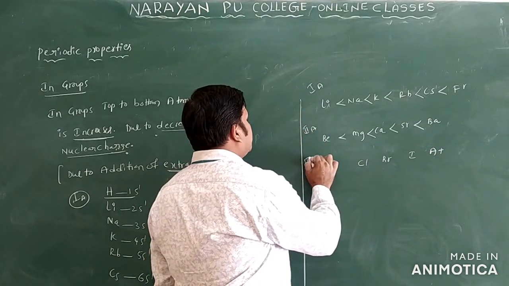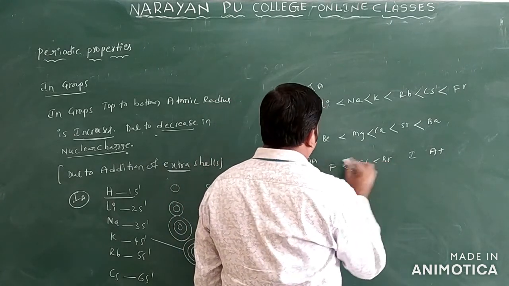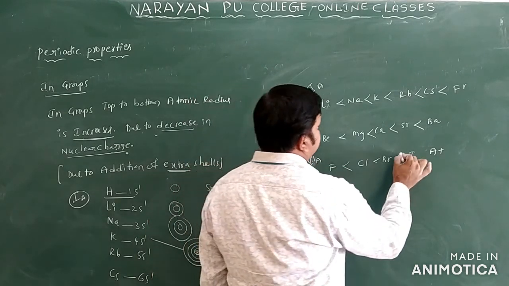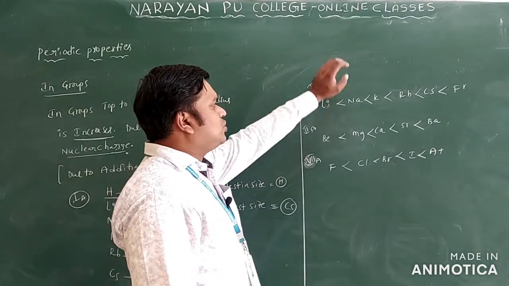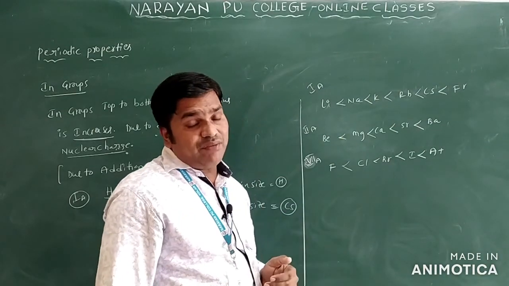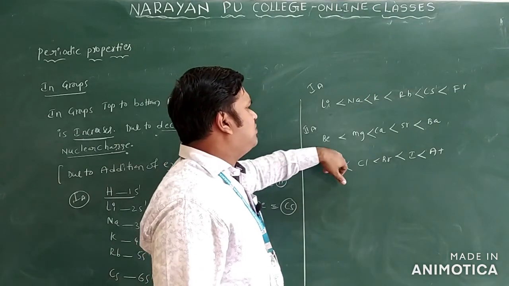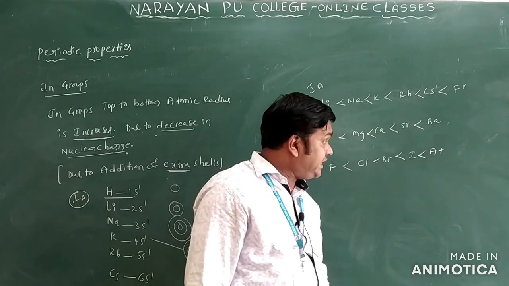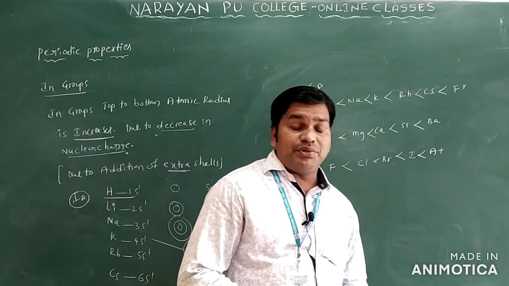The 7th A group elements are the halogens: fluorine is less than chlorine, less than bromine, less than iodine, less than astatine only. So the last element in each group has the highest size: lithium smallest, francium highest; beryllium smallest, barium highest; fluorine smallest, and astatine highest atomic radius only. This is the variation of atomic radius in both periods and groups only.